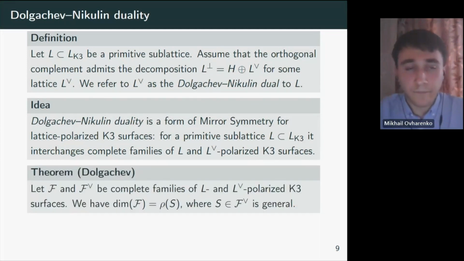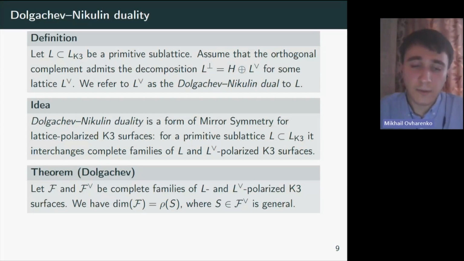And the main result on Dolgachev-Nikulin duality is the following theorem by Dolgachev: if we have complete families of lattice polarized K3 surfaces which are dual in that sense, then the dimension of the first family is precisely the Picard rank of a general member of the dual complete family.